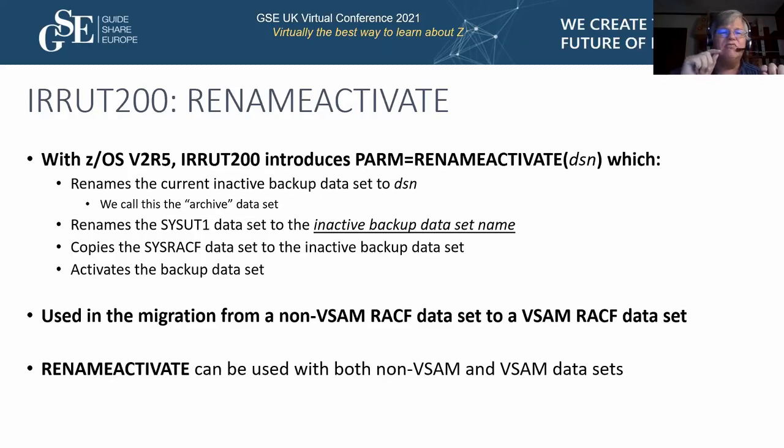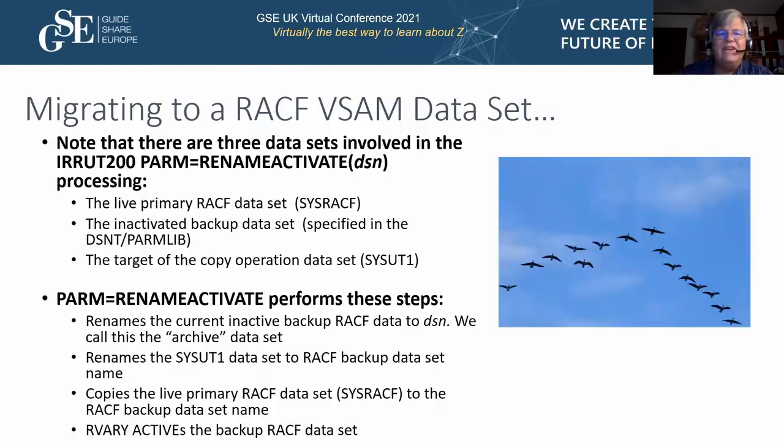The first thing it does is rename the SYSUT1 data set to the inactive backup data set name. It copies the SYSRACF data set into that inactive backup and then activates the backup. That's it. So we do this renaming and then some copy operations. Now, I will point out that rename activate works with both VSAM and non-VSAM data sets. For any of you who've ever heard the phrase RVARY dance, which is a way of bringing a different RACF data set into an environment, you can use rename activate in that process and eliminate the need to do your own renaming during the steps involved.